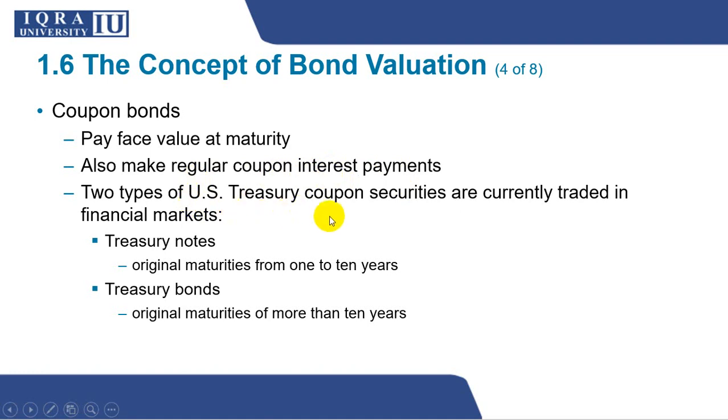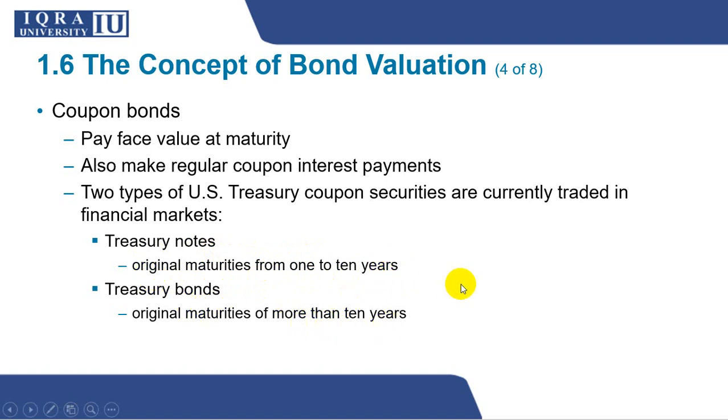Two types of US, because we are referring back to an American book. Two types of US Treasury coupon securities are currently traded in financial markets. These are Treasury notes, with original maturities from 1 to 10 years, which have a maximum maturity of 10 years, and Treasury bonds, with original maturities of more than 10 years.